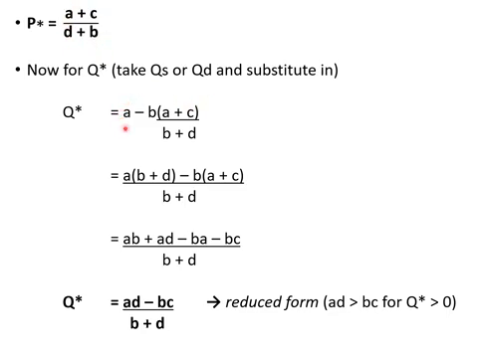All right, so we want to simplify this, and the way we're going to do it is we want to put both terms over a common denominator so that we can subtract the one from the other. So for this term here, A, remember the numerator is A, the denominator would be 1. So we have to find the lowest common denominator for 1 and then B plus D.